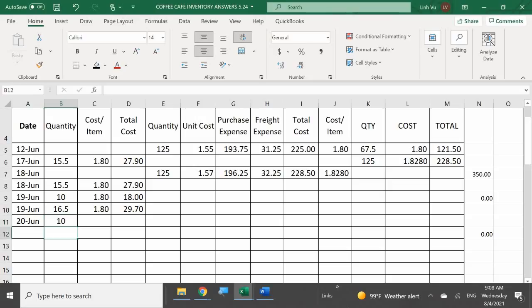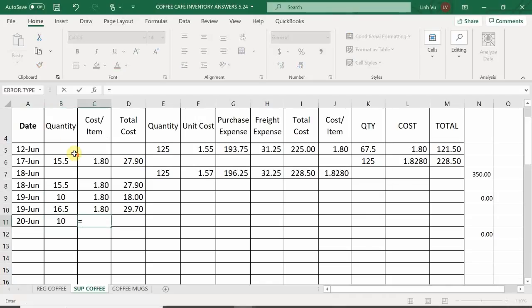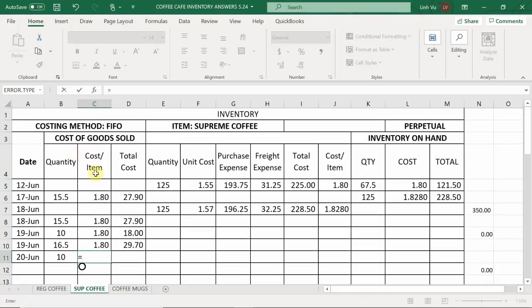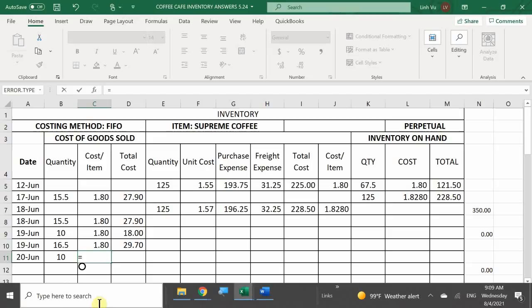Good. Okay. Now, in this case, we're using the FIFO method to calculate our cost for supreme coffee. Now, over here on my inventory on hand, I have 2 batches of inventory. Which one do I use if I'm using FIFO method?